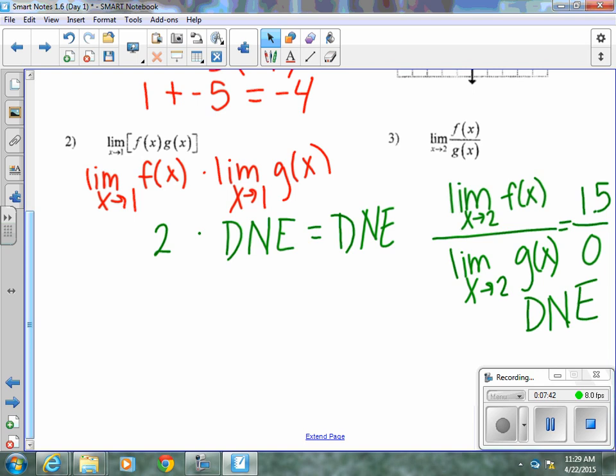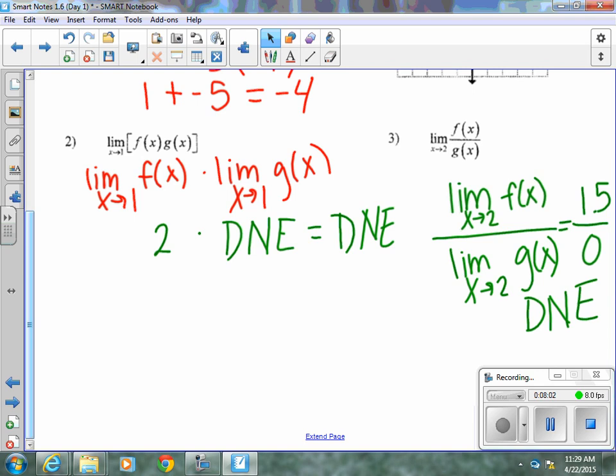In a second here, you're going to stop the video. Do examples 4 and 5 like we learned yesterday, those 3 steps. Try plugging it in first. If plugging it in doesn't work, do a little algebra, maybe factor, maybe reduce, something like that. See if you can plug the number in then, and if that still doesn't work, plug in numbers that approach those values.